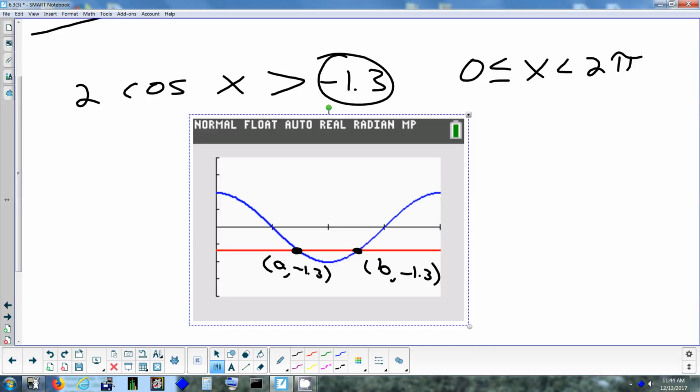Where is the graph in blue below the graph in red? How would you describe it using what I have on the board? It would be any x value that is what?